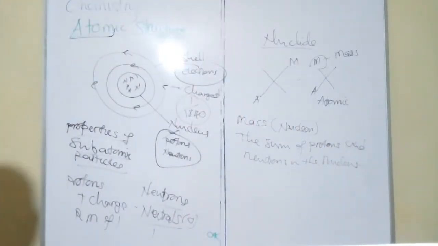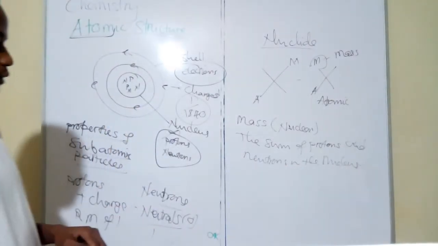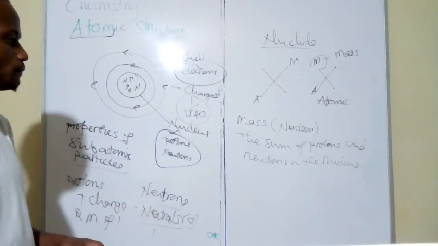The mass number is the total number of protons and neutrons in the nucleus of an atom. That is what is called the mass number.